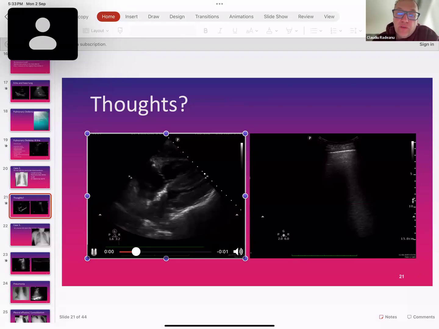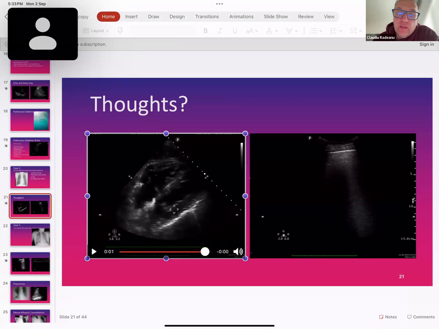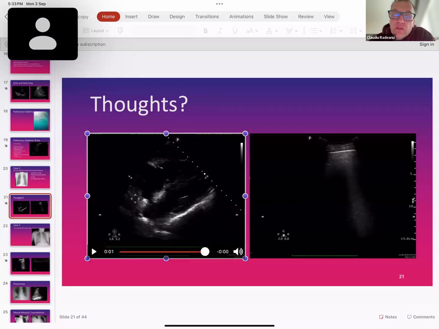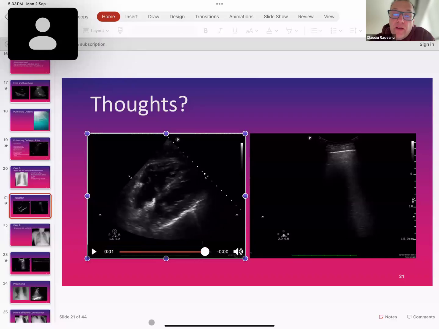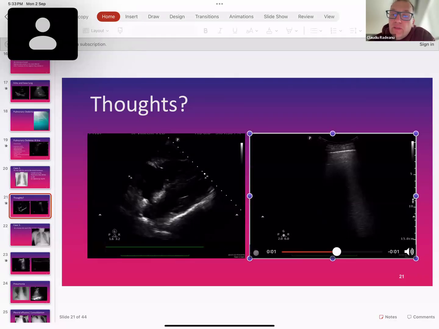The left ventricle is this one. You can see the walls are nearly touching each other, so it has very good contractility. So this is not heart failure. This looks like a normal heart.